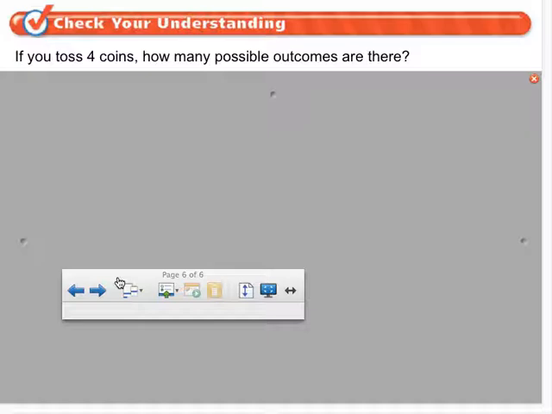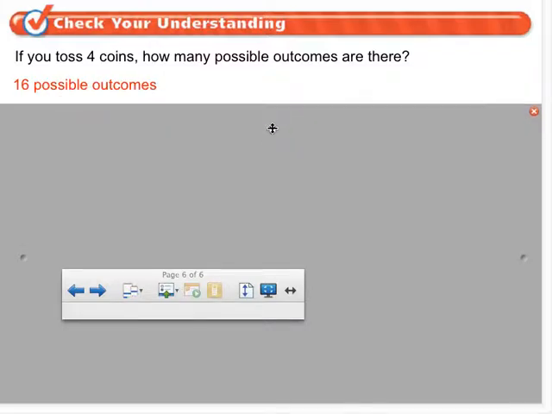Now, throughout the day, I've had some students, instead of multiplying it, they added it. The counting principle says you multiply the possibilities. So multiply 2 times 2 times 2 times 2. It's 16. 2 times 2 is 4, and then 4 times 2 is 8, and then 8 times 2 is 16. Anybody have a question about this?